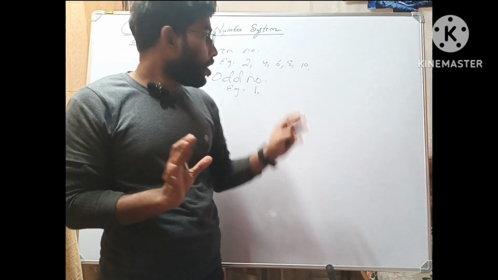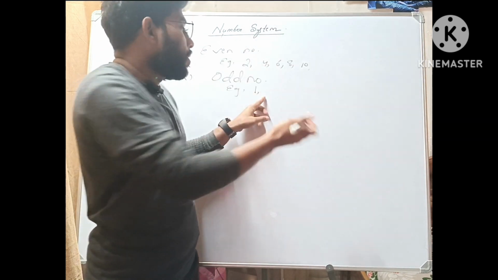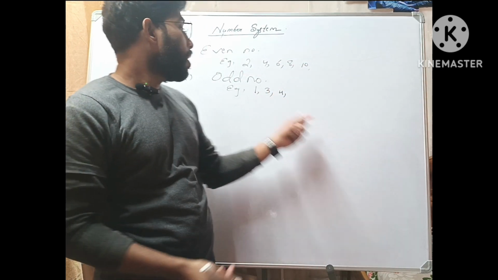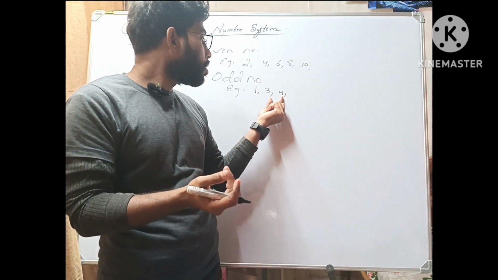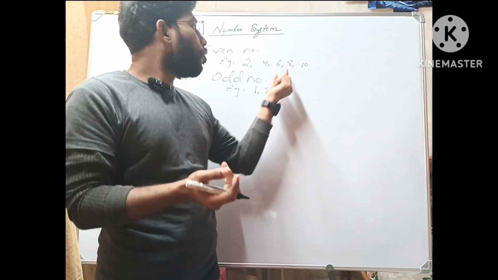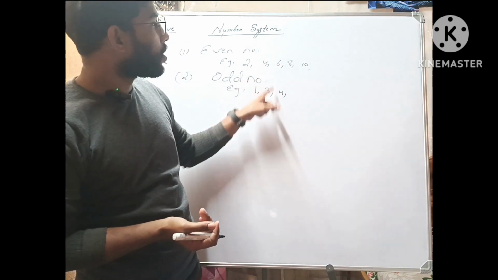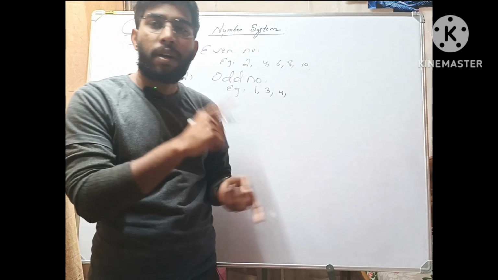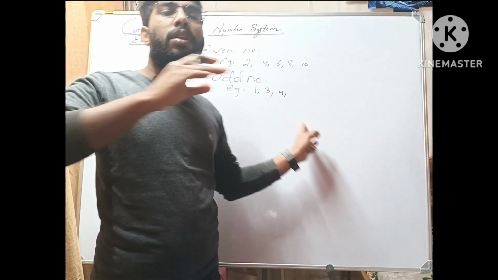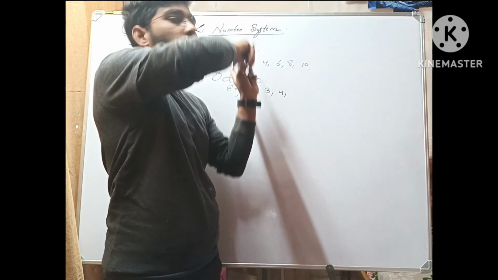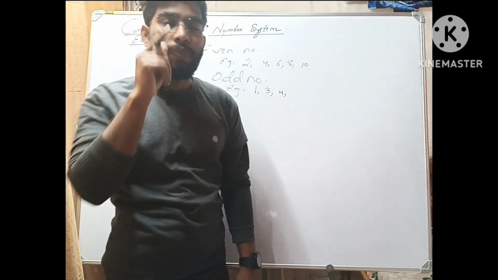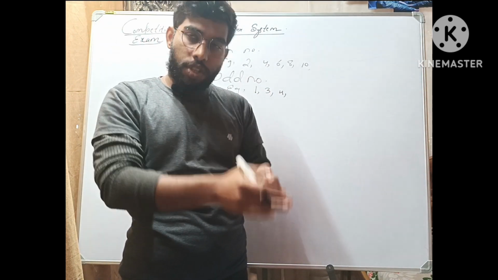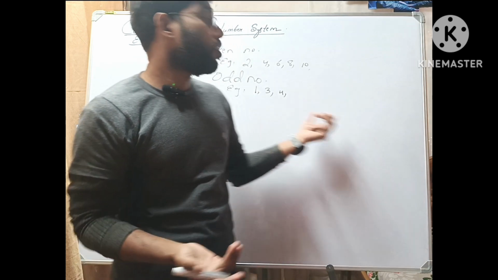So 1, 2 not included, 3, 4 not included, 5, and so on. The numbers available in the odd numbers will not be in the even numbers, and the numbers available in the even numbers will not be in the odd numbers. So these are called odd numbers.